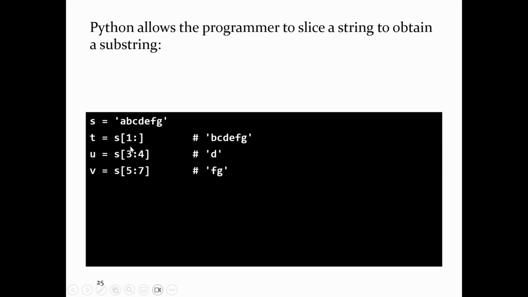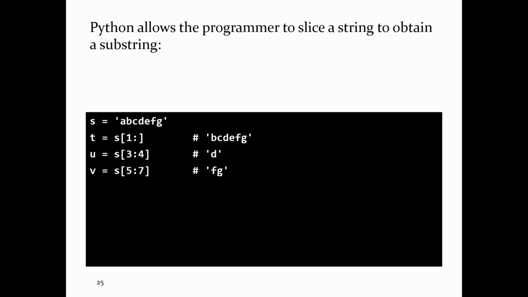So you can slice the string S. 1: means give me the substring starting at the second character of S, and that gives you B through G. 3:4 means give me the substring starting at the character at index 3, going up to but not including the character at index 4, so that's the D. 5:7 means give me the characters starting at index 5, going up to but not including 7.